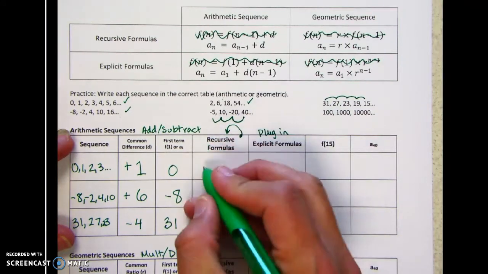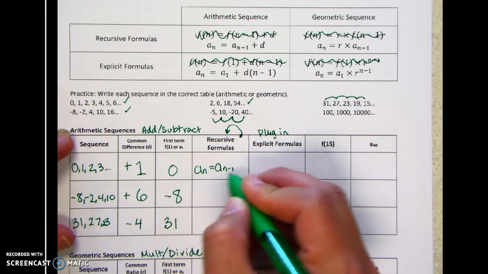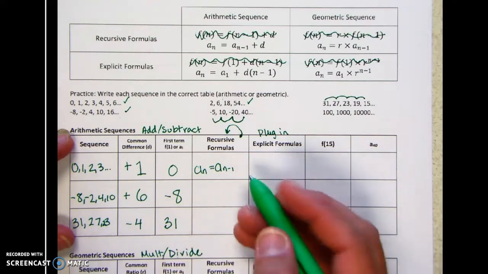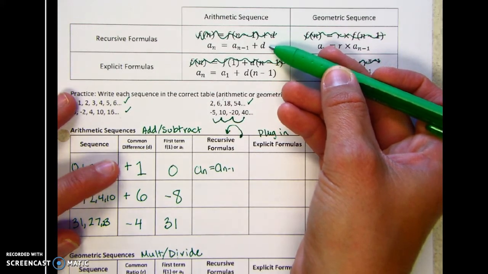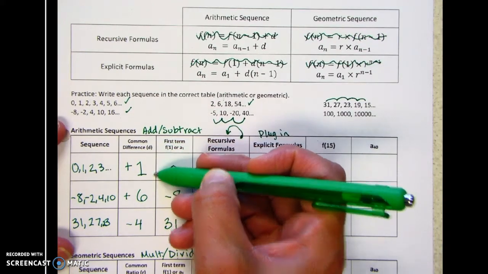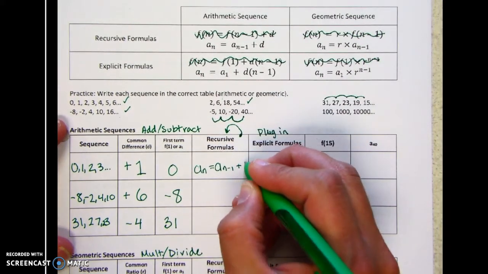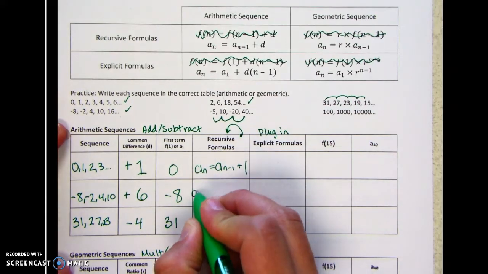So a sub n equals a sub n minus 1. We don't know what those are, we just leave them like that. But then we do know what d is. And what's d? Plus 1, yes? d is the common difference, and the common difference comes from this table. So we write plus 1. So that's it for this column.